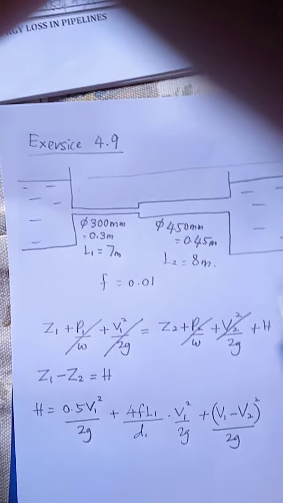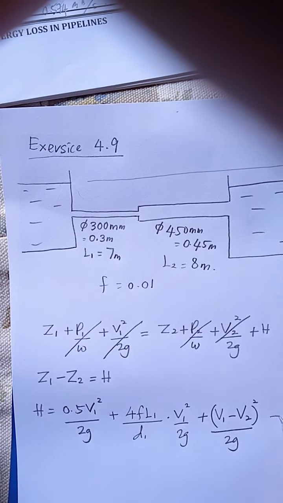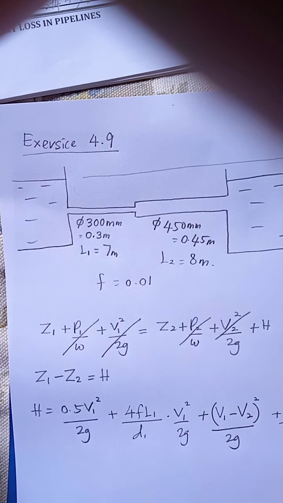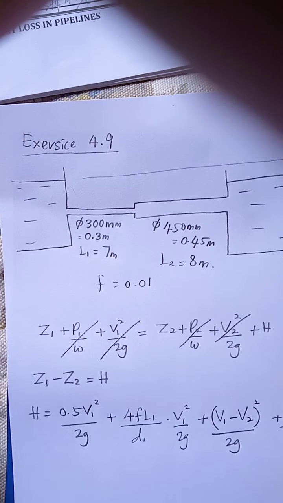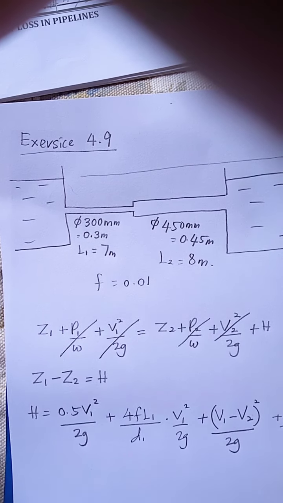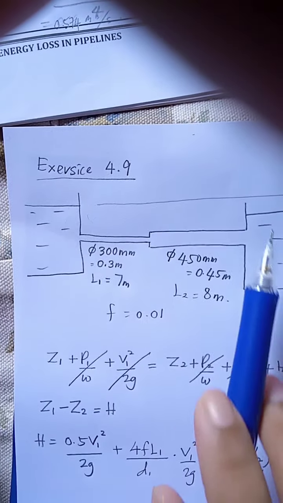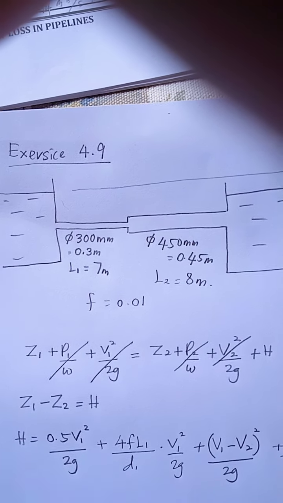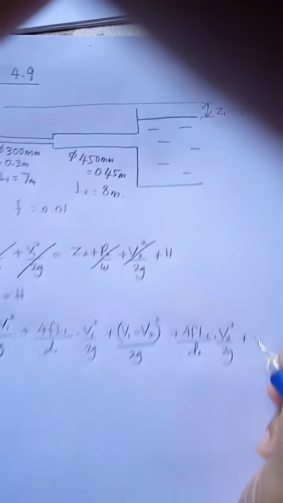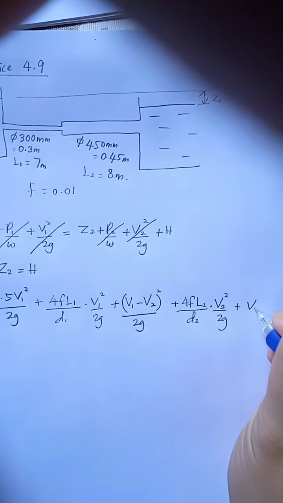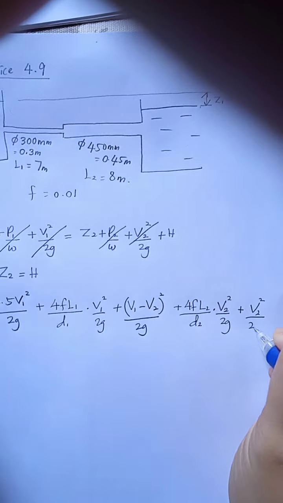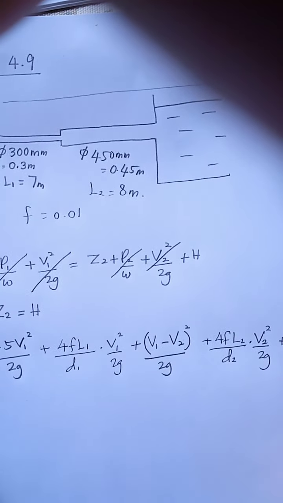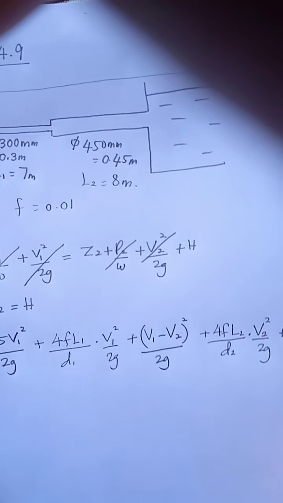Fourth one is friction for pipe 2, so 4 f L2 divided by D2 times V2 squared over 2g. Last one is sudden and sharp exit, plus V2 squared over 2g. Okay, so simplify the equation.